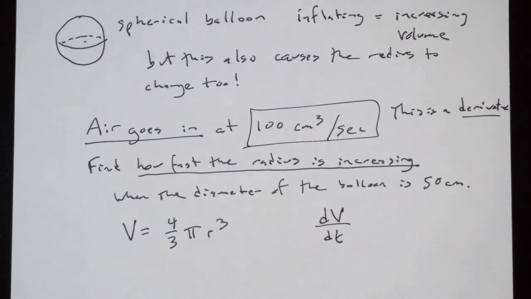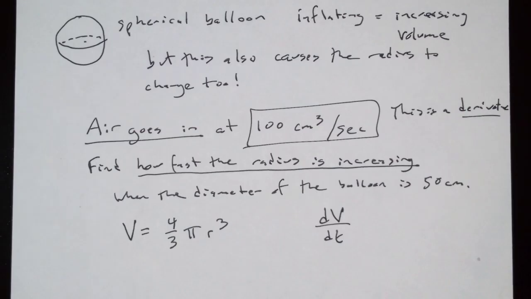It's the derivative of V with respect to time because it's cubic centimeters per second. Now that means that over here in this equation, V is a function of t, but there's no t's over there on the right-hand side. There's only an r over there on the right-hand side.